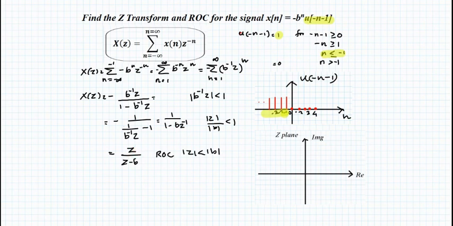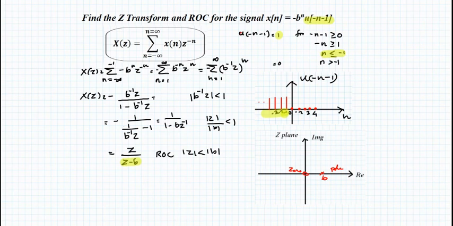So in the z plane, you can mark this is a 0. And if you equate the denominator, z minus b equal to 0, you will get the pole is b. So this is a pole. I got the pole.